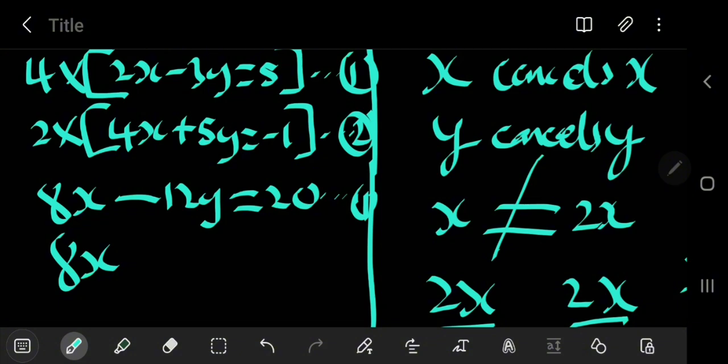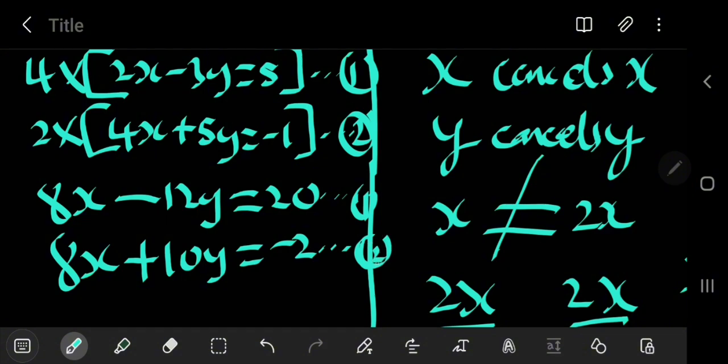And 2 times 5y would give us what? 10y. And 2 times minus 1 will give us what? A minus 2. So we have equation 2 also set.